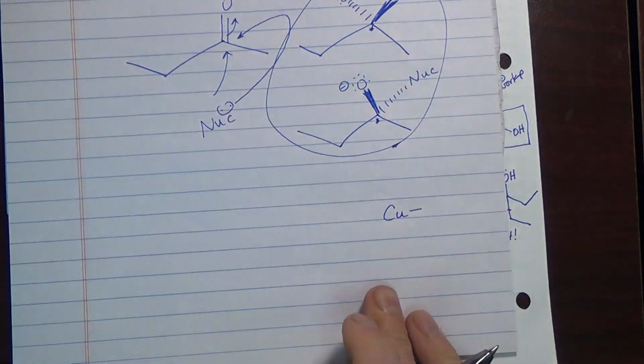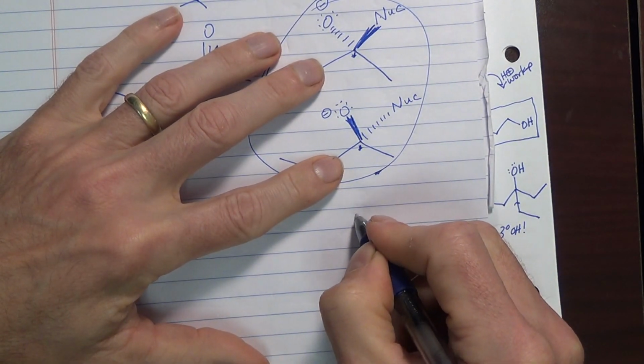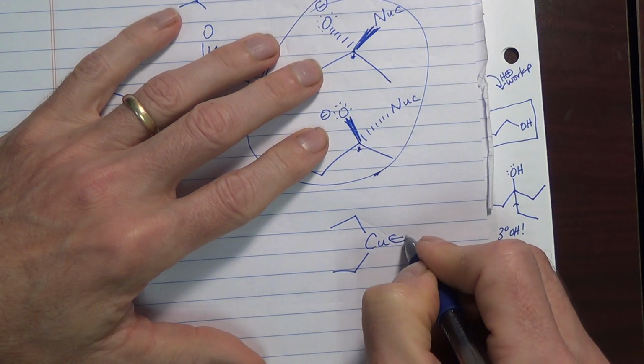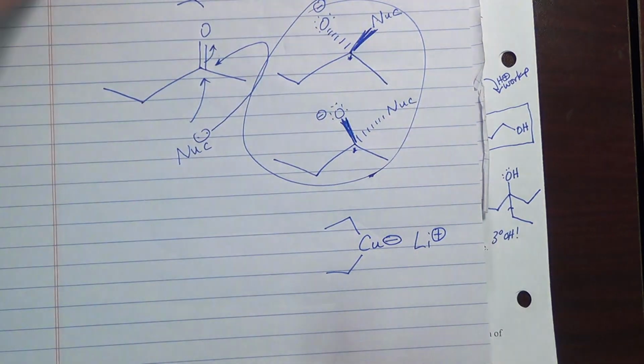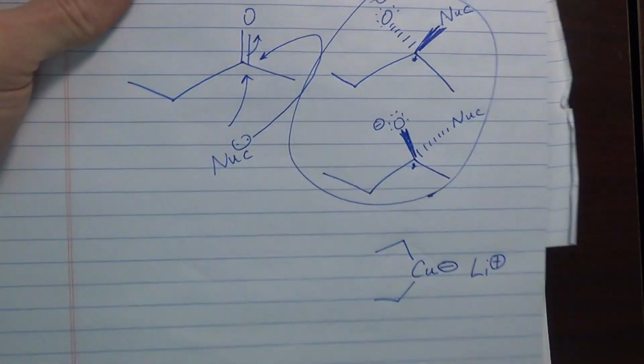Copper, bonded to two alkyls, and it's a negative. And then you're going to have a lithium positive. Most often it's lithium.